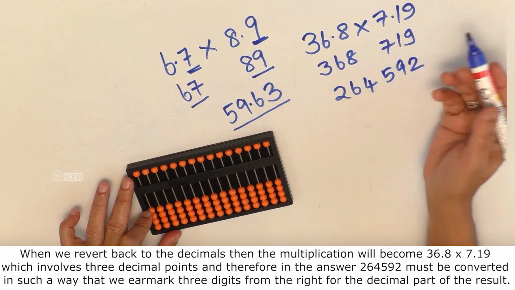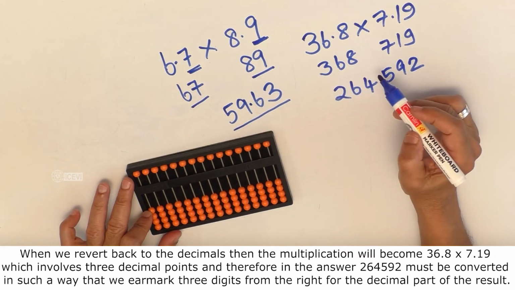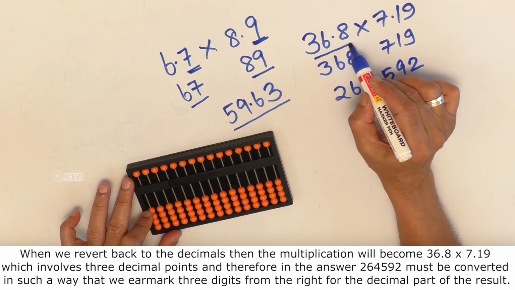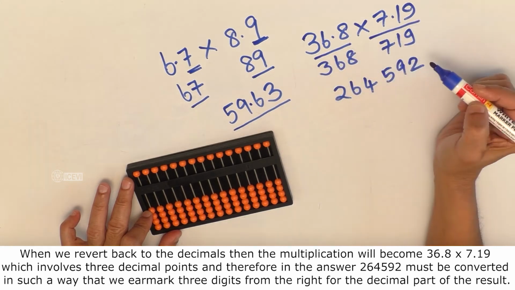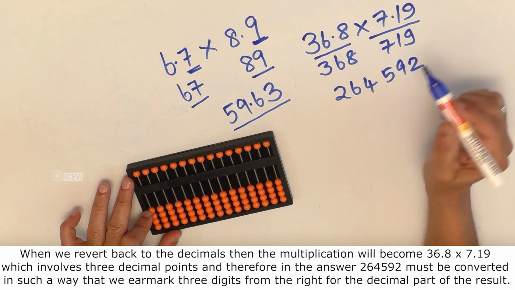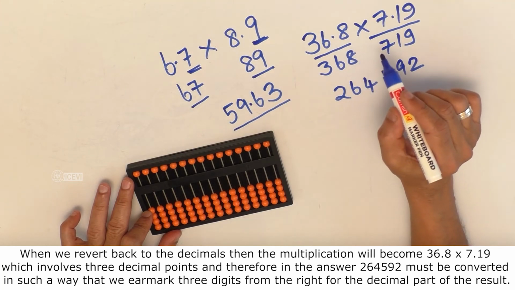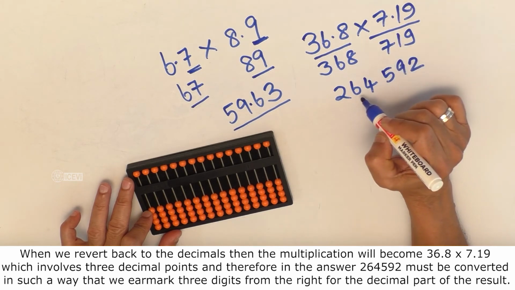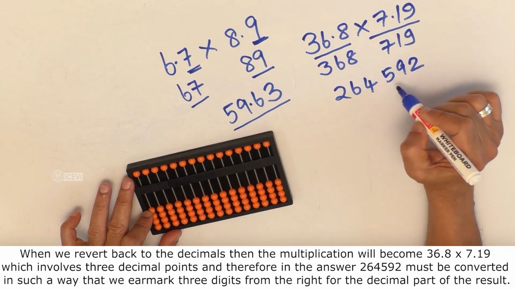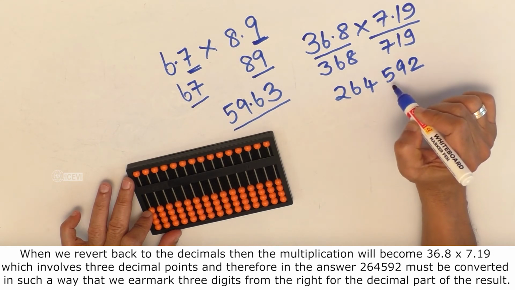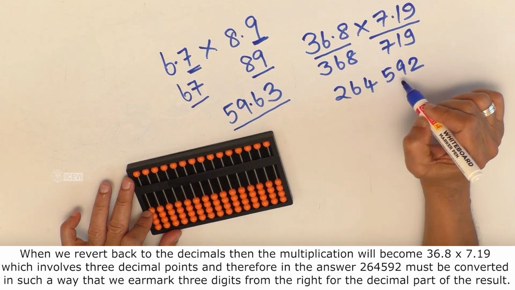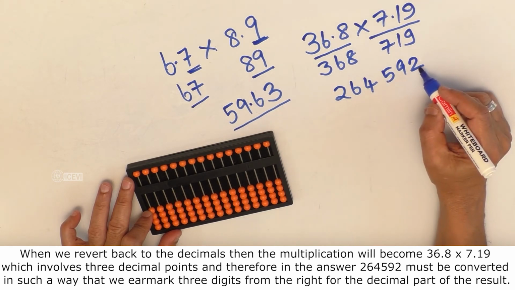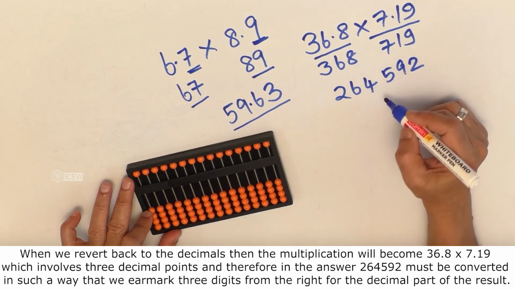264,592. When we revert back to the decimals, then the multiplication will become 36.8 multiplied by 7.19, which involves three decimal points, and therefore the answer 264,592 must be converted in such a way that we earmark three digits from the right for the decimal part of the result.